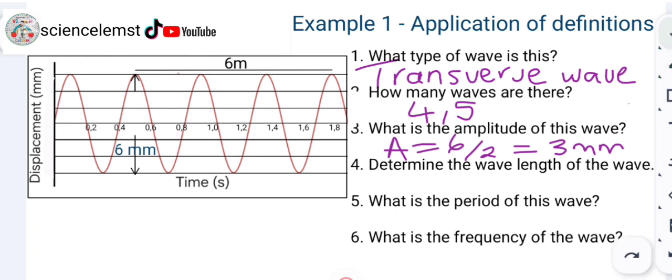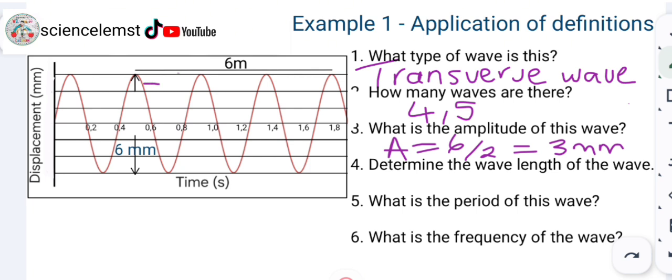Number 4, determine the wavelength of the wave. I'm given that the distance from this point to that point is 6 meters. And I just want to know the wavelength. Remember, the wavelength is the distance between two successive points that are in phase.